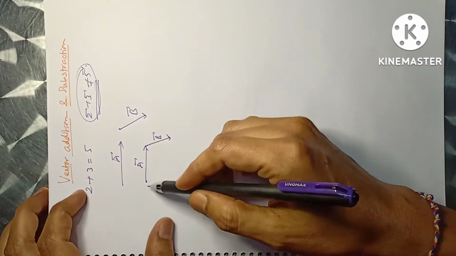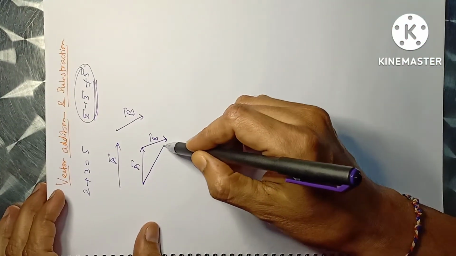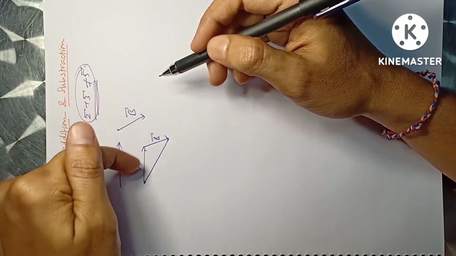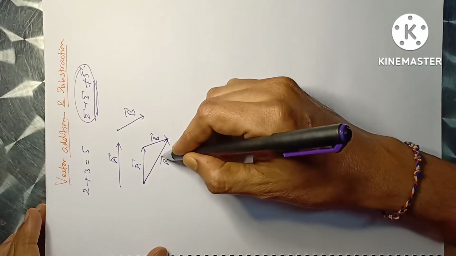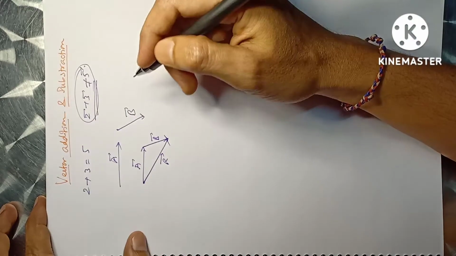Then it represents two arms of a triangle, and the third arm represents the resultant vector R. This is also called the triangular law.